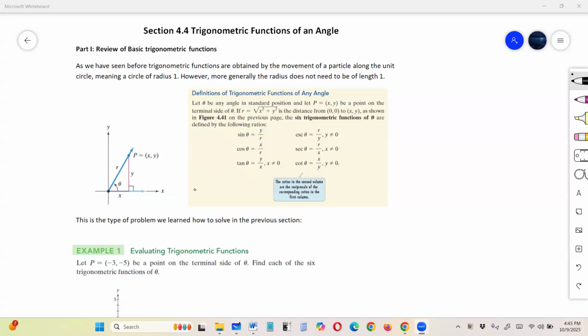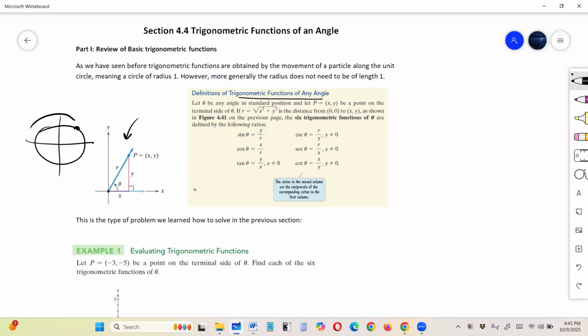Okay, so in 4.3, we've covered the basic definitions of trig functions of an angle, and mainly in that particular section, here's the picture. We've covered the definition on the movement on a circle, you remember, right?